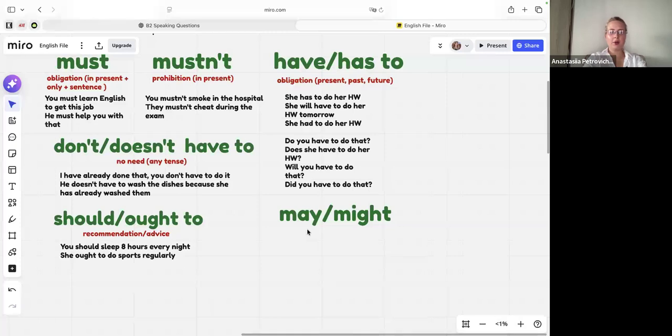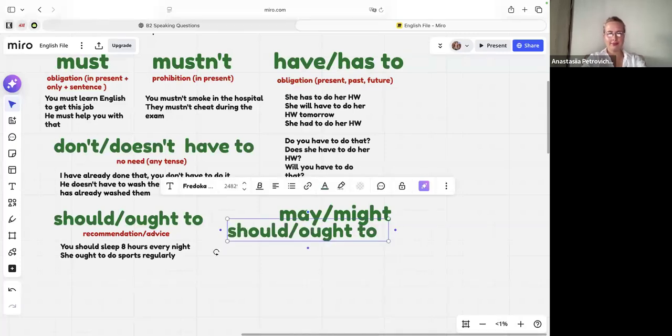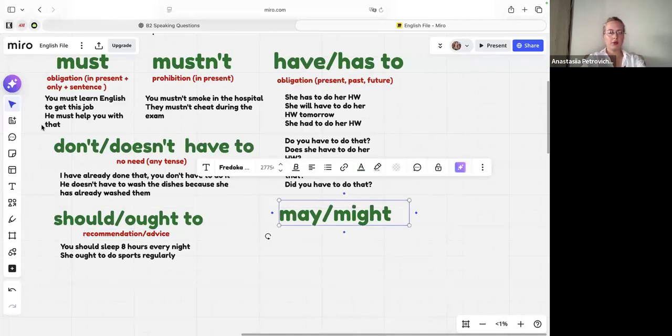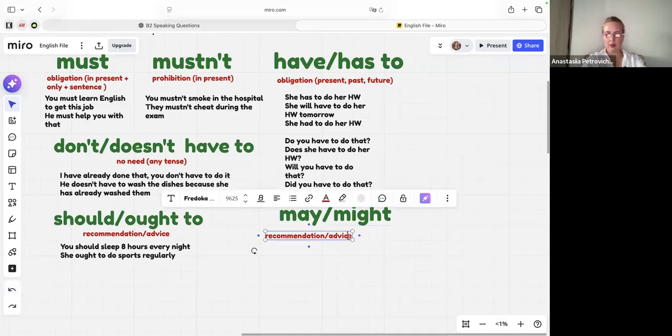And they are used when we speak about probability. When something is possible, yeah? Probability.